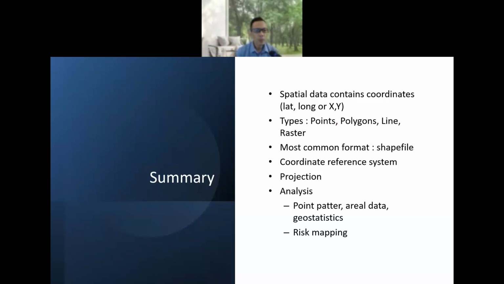Okay. And then last one, you can also do risk mapping. There are some wonderful packages where you can draw some map, and at the same time you can show which areas have higher risk for infection, which areas have lower risk for infection.